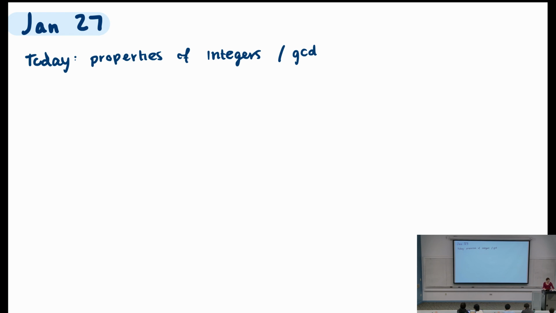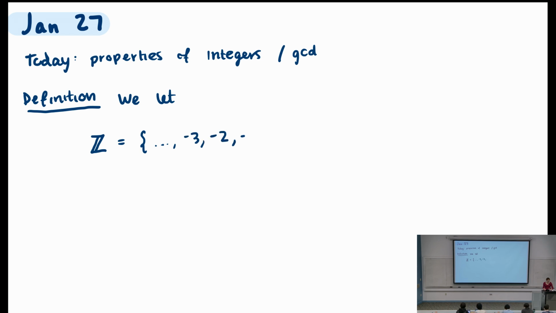So let's start off with just the definition of the integers. I'll denote this with the so-called blackboard bold Z. This will be the set of all integers, positive and negative.